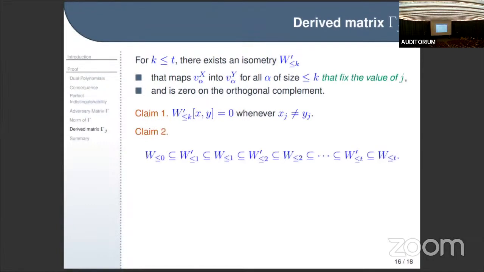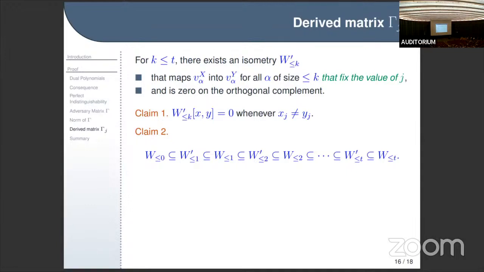The second claim is that this primed isometry intertwines in the chain which I had previously. This inclusion is easy to see because I have the same size, but I have an additional restriction on the assignments which I take. So this isometry is smaller than this isometry.